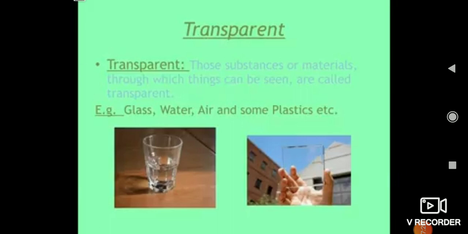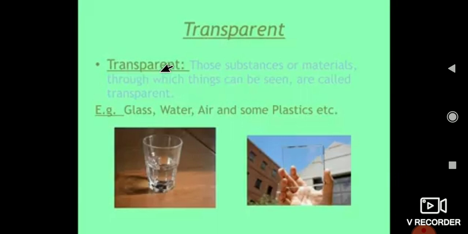And another property of material is transparency. Here transparency is classified into three main types: transparent, opaque and translucent materials. The first one is transparent material.